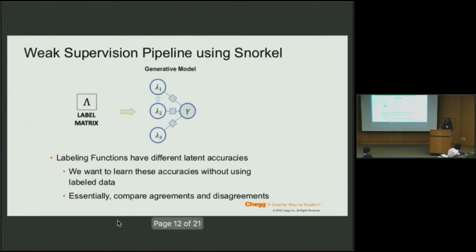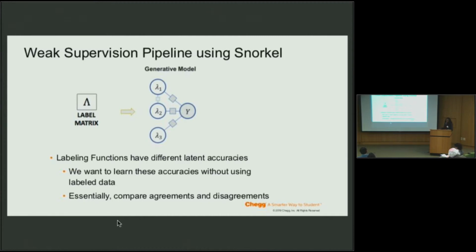So the next stage is to understand that all these labeling functions came from subject domain experts, and maybe these are not very strong indicators of labels for your training data. So what you want to understand is the accuracy of each of these labeling functions.